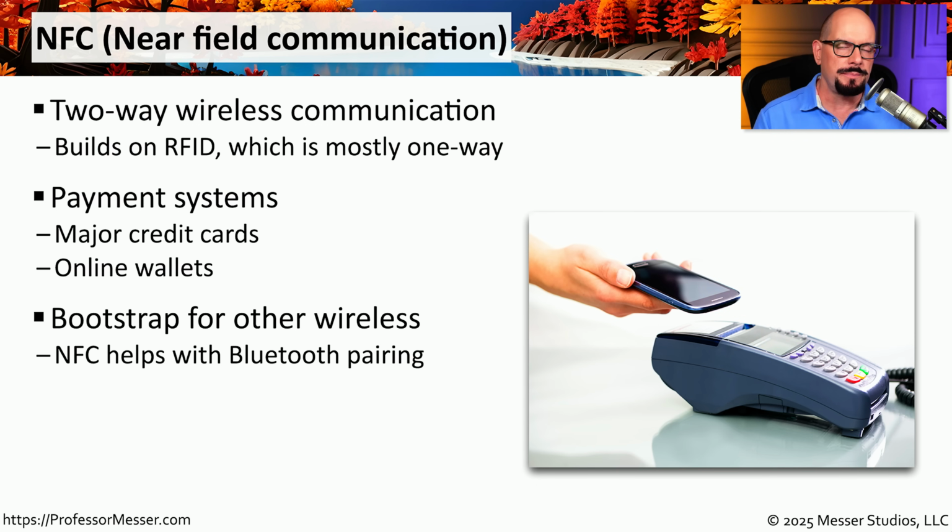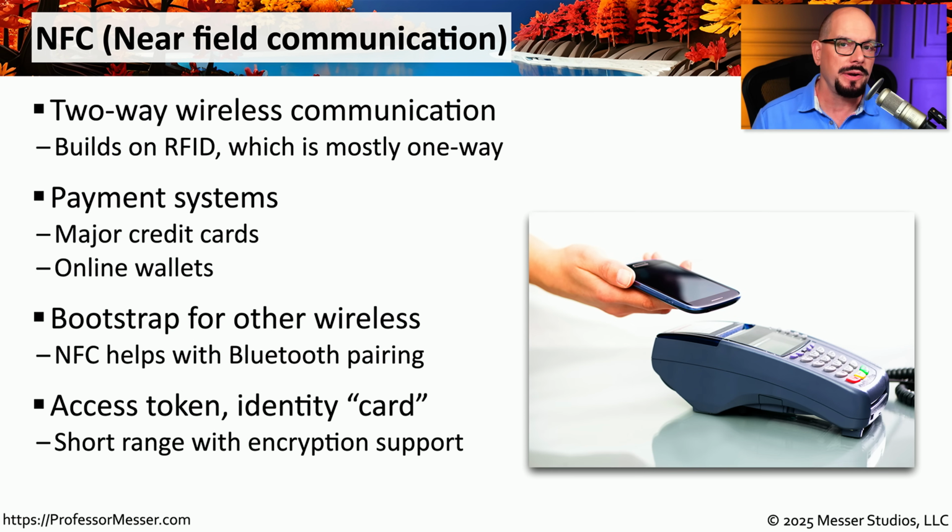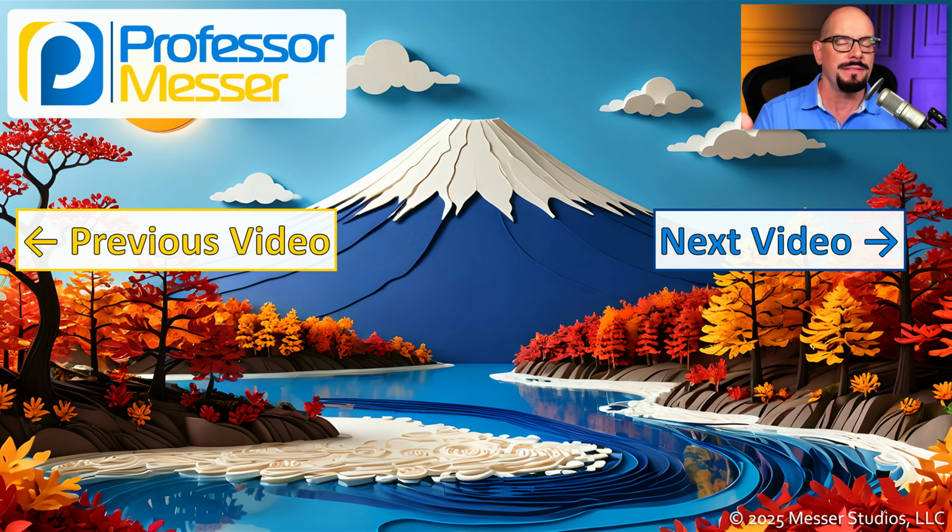And if you've ever set up a device that needs to connect to a Bluetooth network or a wireless network, it often uses NFC in conjunction with your mobile phone to be able to give it the configuration parameters it needs to connect to your network. And since many people are carrying around their phones with NFC functionality, you could use that to open a door or to provide a type of identification.